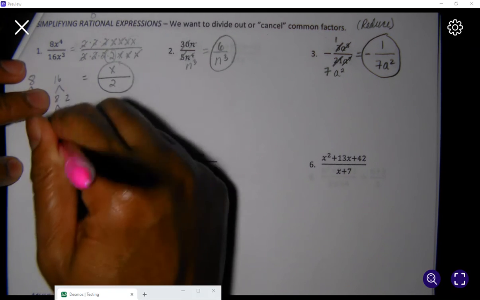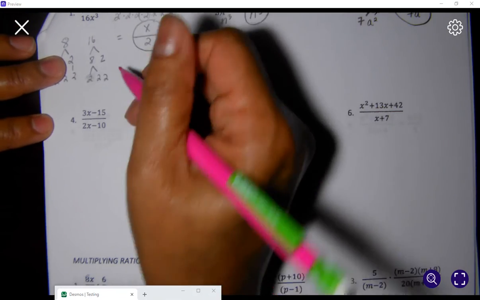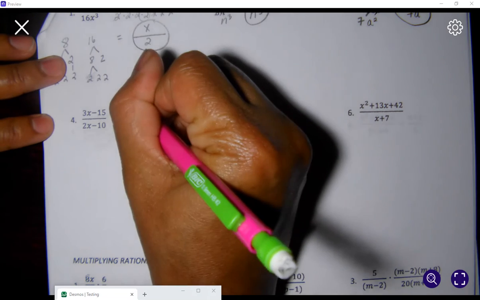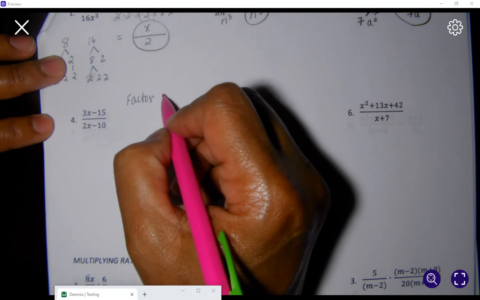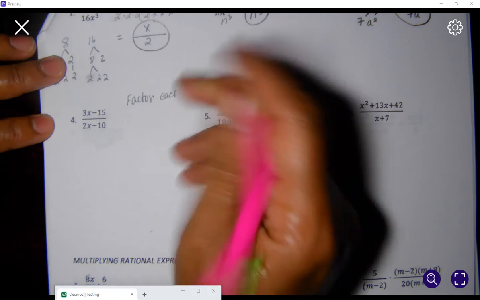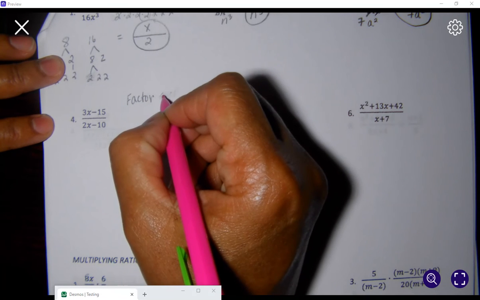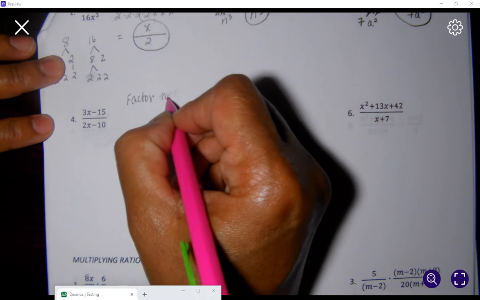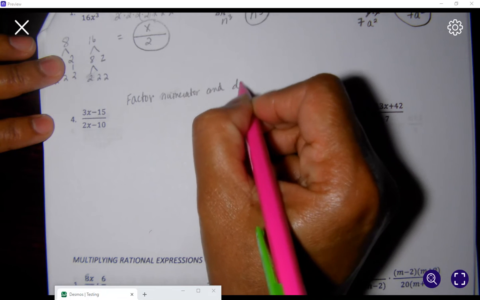So what I have to do first is factor the numerator and denominator separately, to find common factors.